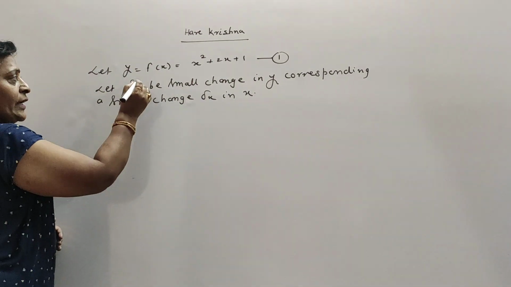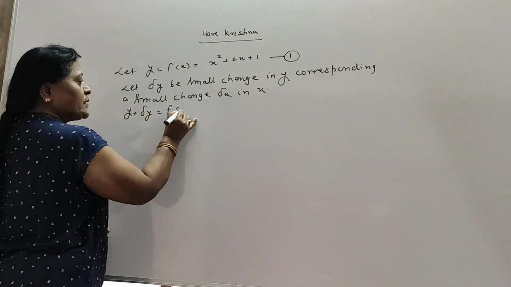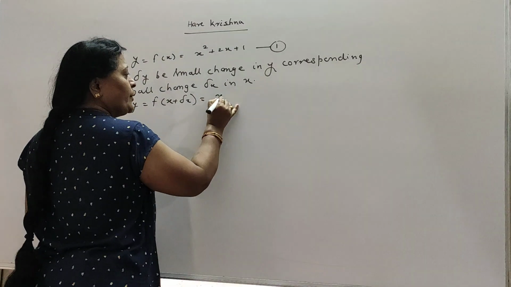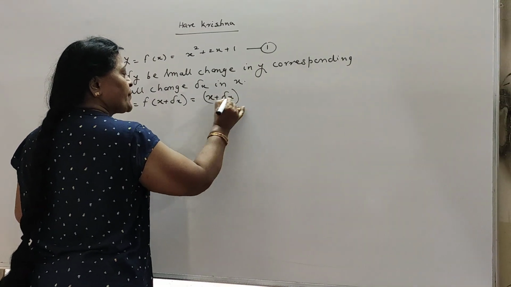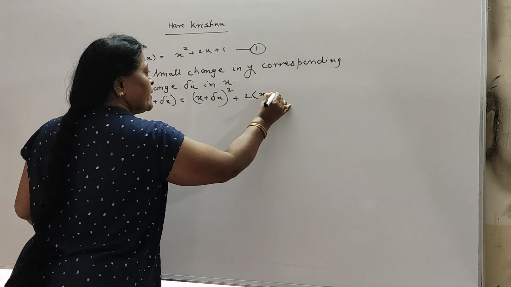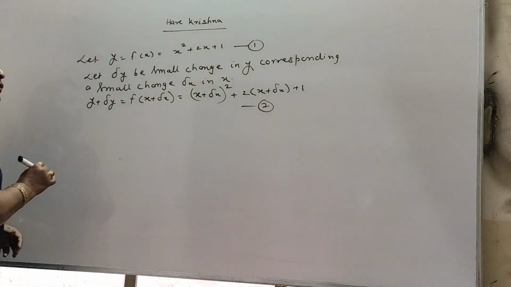So equation 1 becomes y plus del y, and x becomes x plus del x. Here, in the case of x square, you can write x plus del x whole square. 2 remains as it is, then x plus del x, plus 1. This is the second step.